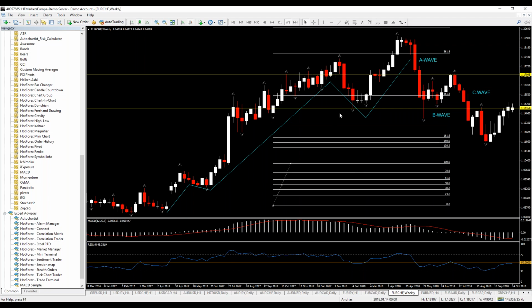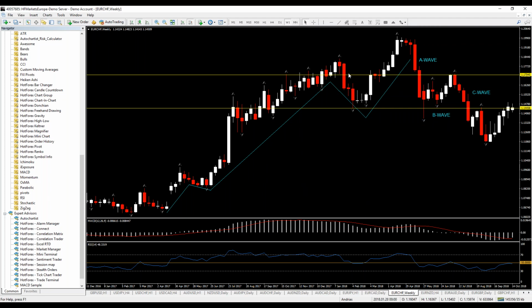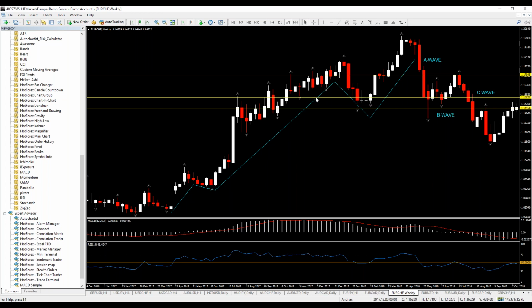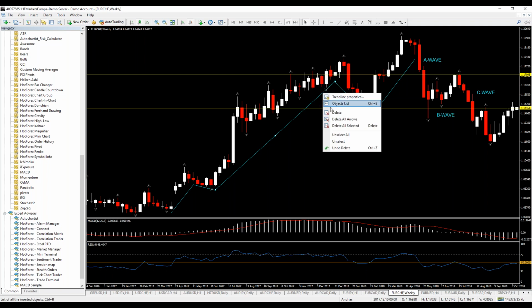If you also want to trade the correction opportunities over here, you may notice that I have this trend line on the corrective wave 3.